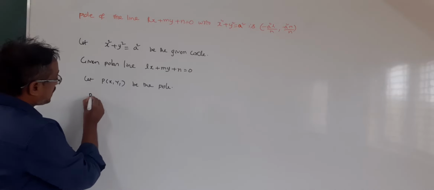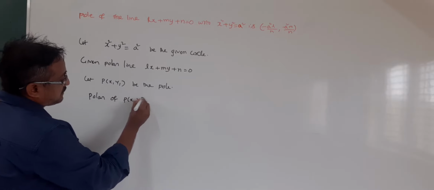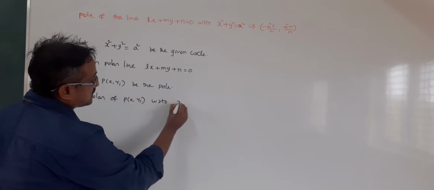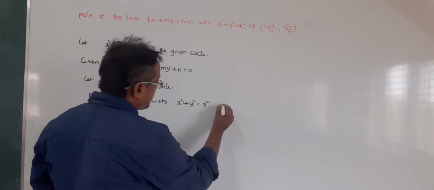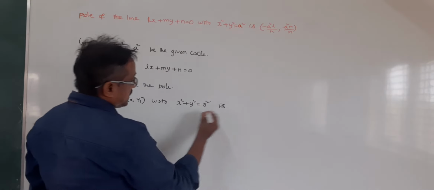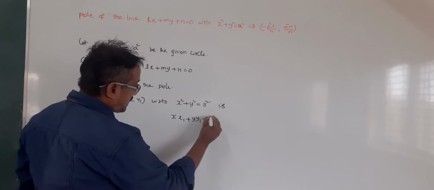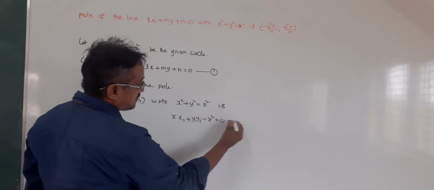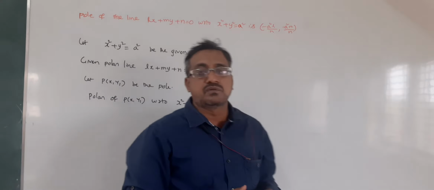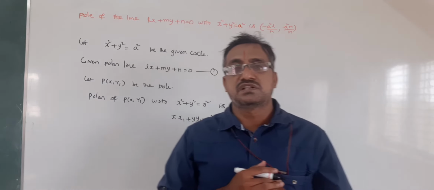Now the polar of P(x1, y1) with respect to x² + y² = r² is x·x1 + y·y1 - r² = 0. Let these be equation 1 and equation 2. Now we know that the polar of P(x1, y1) is S1 = 0.